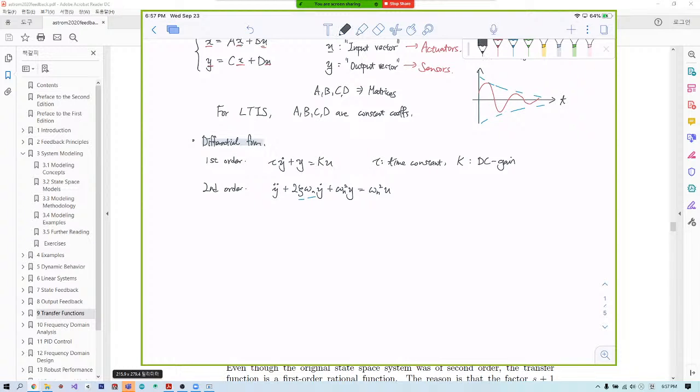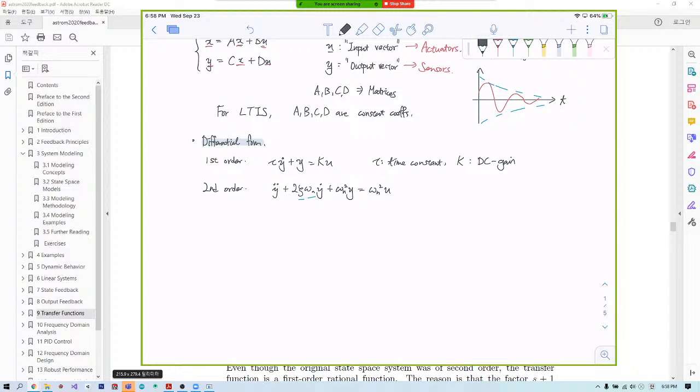If you want to make use of this differential form and express everything using differentiation with respect to time, then we have to be able to come up with these coefficients like tau, k, zeta, omega n, and things like these.